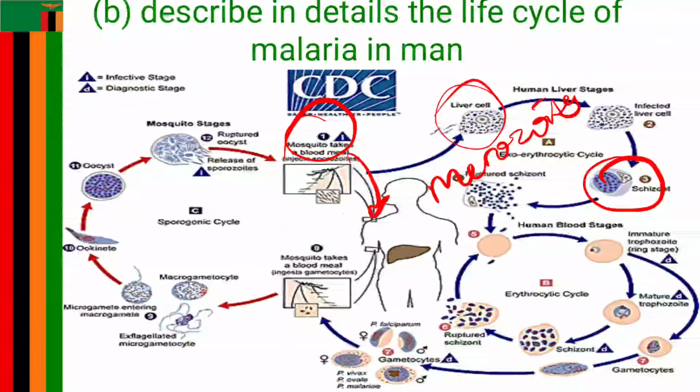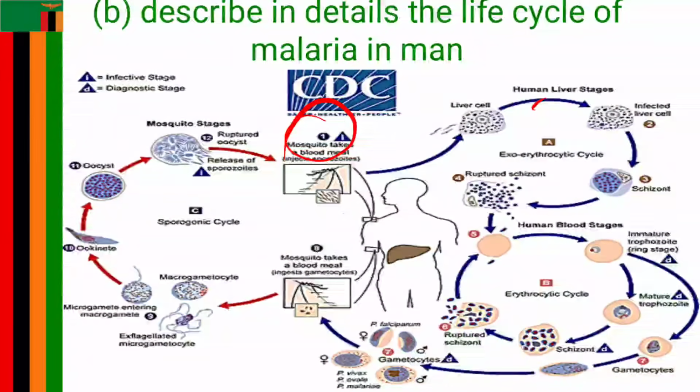When we say segmented, meaning that they are becoming millions of them, ballooning the liver cell. Then once that liver cell balloons to a state where it cannot contain the parasite, it ruptures. And when it ruptures, it releases the malaria parasite, which is the merozoite state.